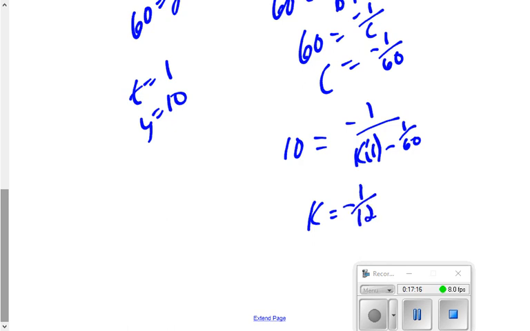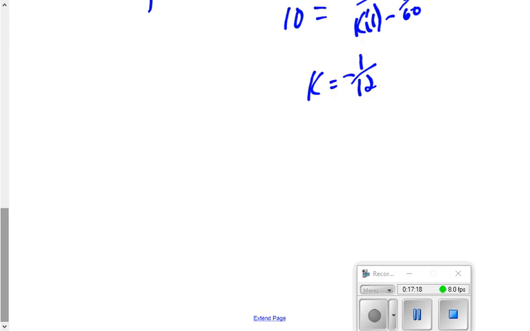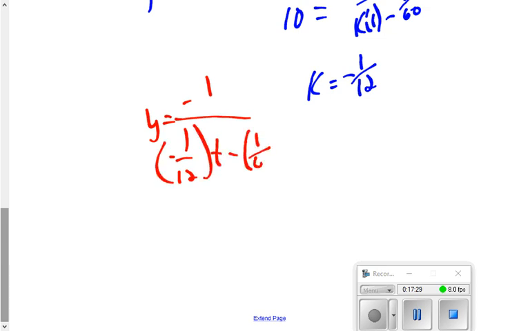So now that I have c and I have k, I can go back to my equation and plug those in. K is negative 1/12. C is negative 1 over 60. And they want how much of A is left after 2 hours.